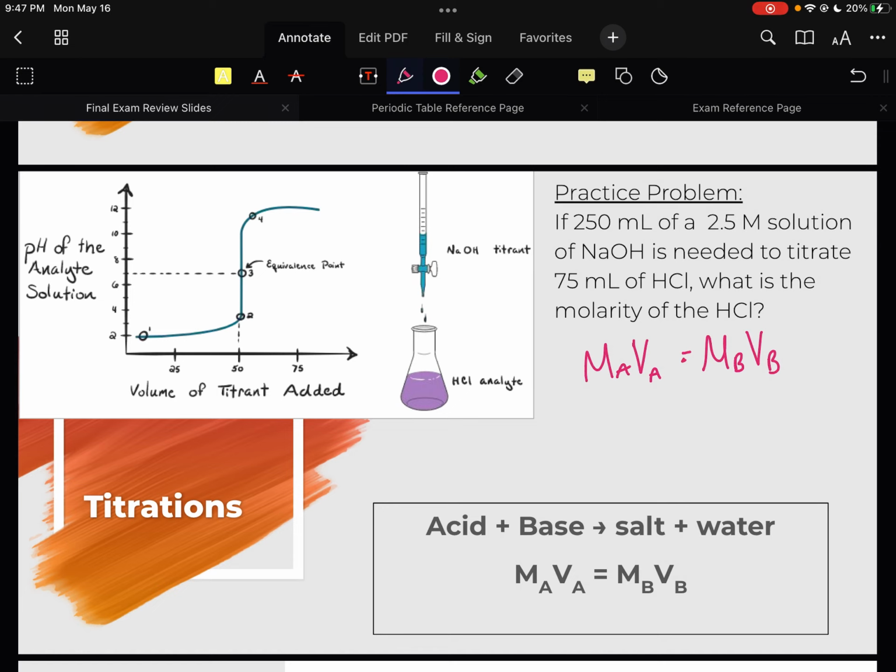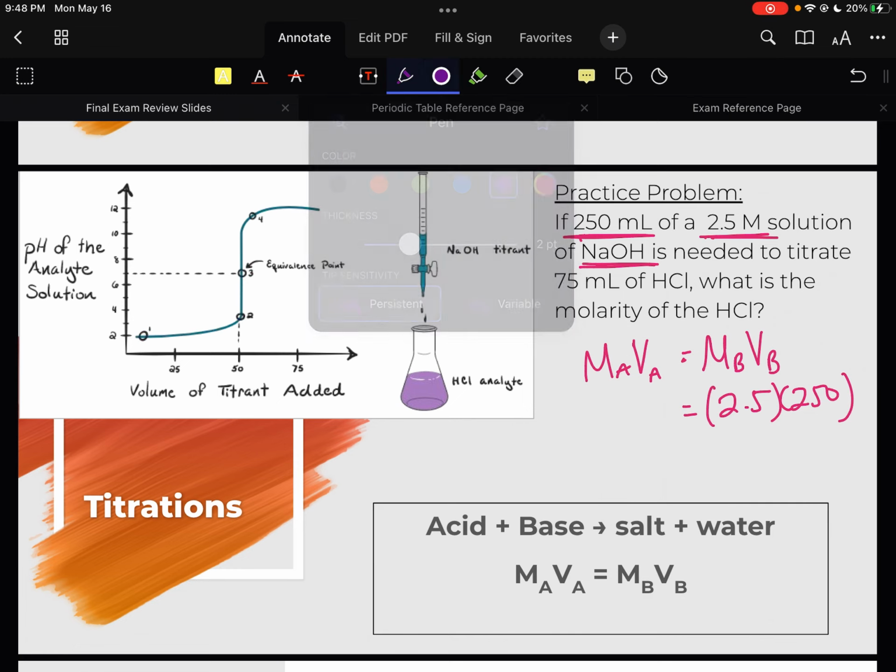So make sure your volume of your base is always going with the molarity of your base. So in this one, it tells me 250 milliliters, 2.5 molar NaOH. So remember, OH is my base. So I'm going to plug in 2.5 and 250.